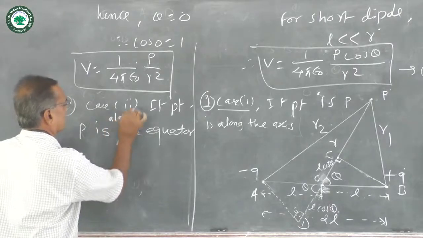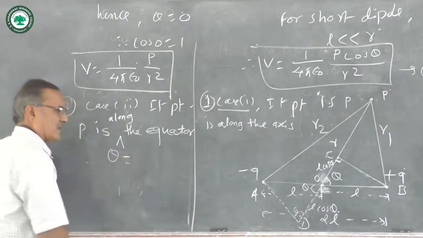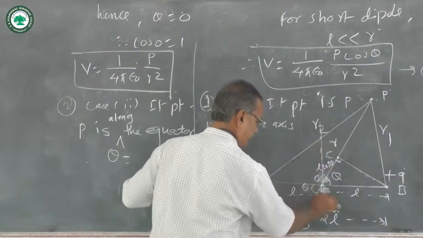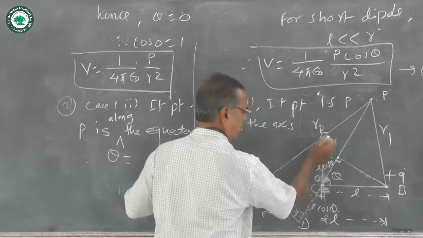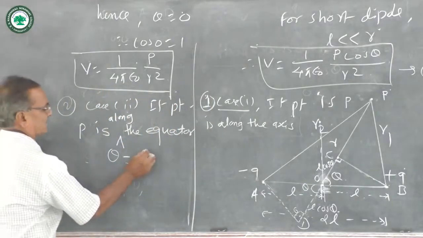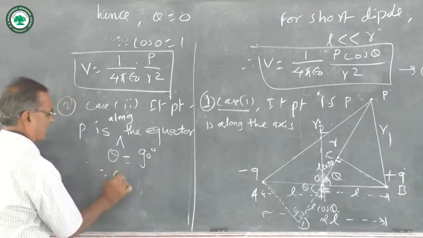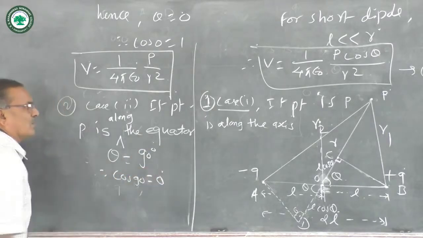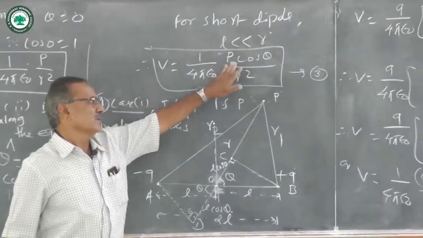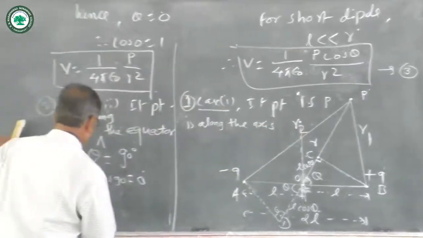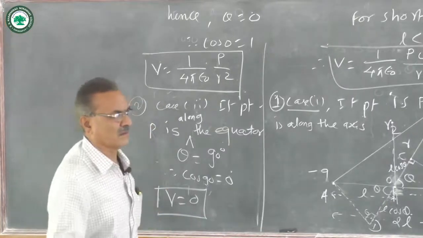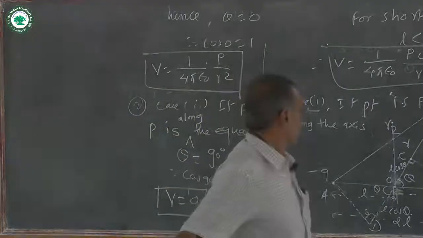Equator means point P is like this, then the angle between them is 90 degrees. Suppose your point P is on the equator, so angle theta is pi by 2, or 90 degree. So cos 90 is 0. Substitute cos 90 here, then 0 into P is 0, so the potential is also 0 if point P is along the equator of the dipole.